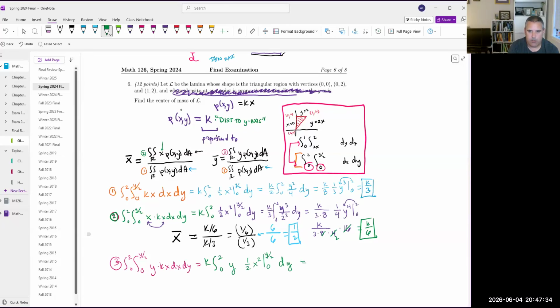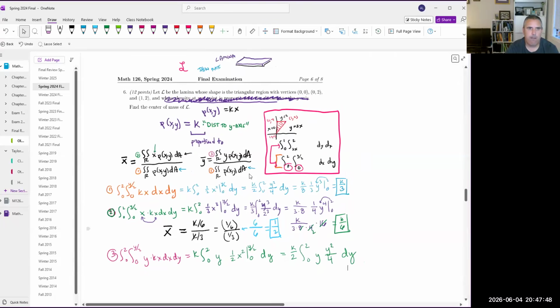So let's take that 1/2 out. And the integral from 0 to 2 of y, this is going to be y squared over 4. And that's k over 8, the integral from 0 to 2 of y to the third.